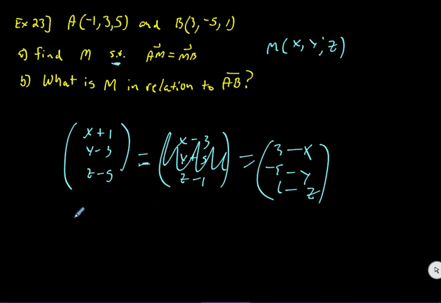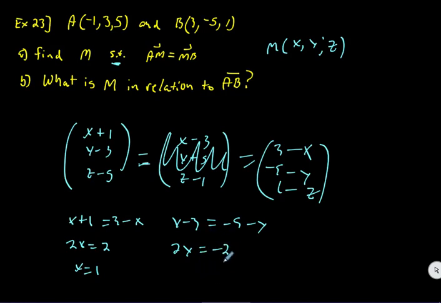I'm going to have x plus 1 equals 3 minus x. This is going to be 2x equals 2, so x is equal to 1. So I got that one. Y minus 3 equals negative 5 minus y, so I'm going to have 2y equals negative 2, and then y is equal to negative 1.